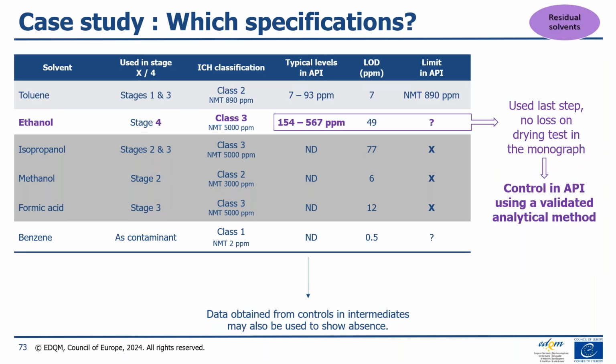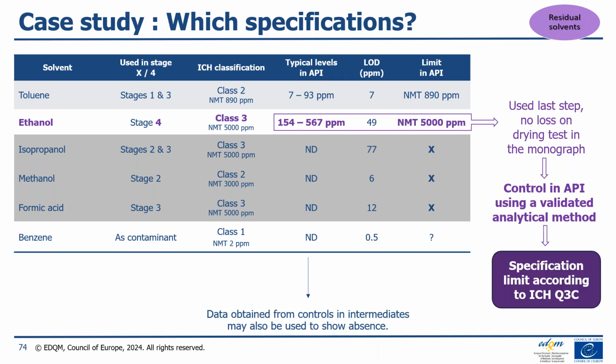Let's see for ethanol that is used in the last step. So you have to set a control because there is no test for loss on drying in the monograph of venlafaxine. So control in the API using a validated method has to be implemented, and the specification in line with ICH Q3C has to be set to not more than 5,000.